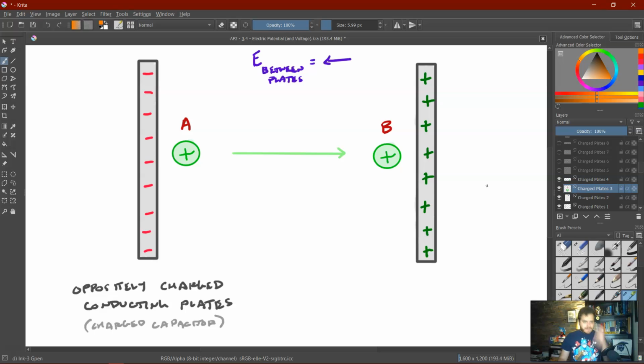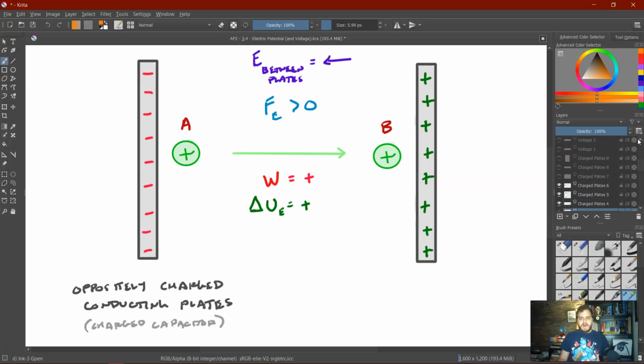Well, when I put the charge in here, it's definitely going to experience an electric force from these plates, specifically pushing it to the left from the electric field. So to push it the other way, I'm having to do work. I'm literally pushing it towards the positive charges, doing positive work, which is storing and creating positive electric potential energy.